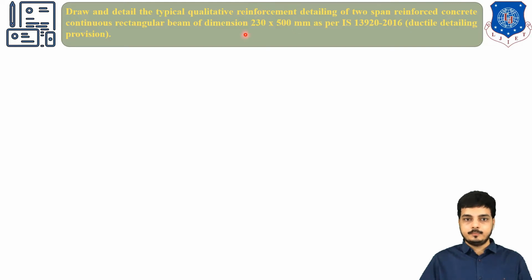Now we have been given the dimension. 230 cross 500 mm is the cross section of the rectangular beam.